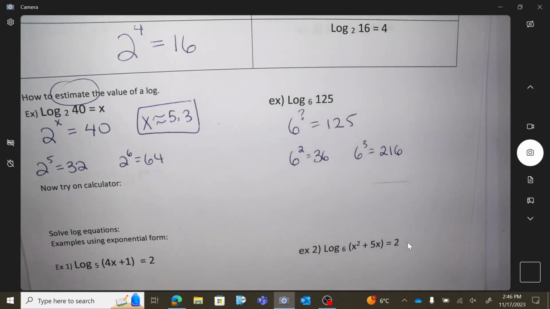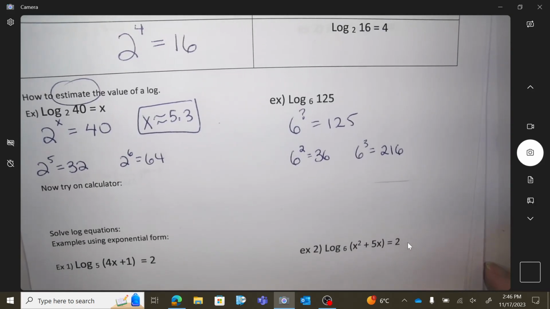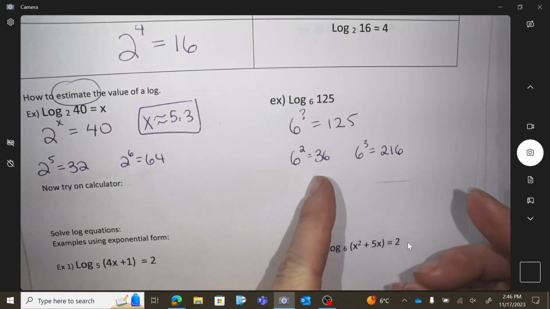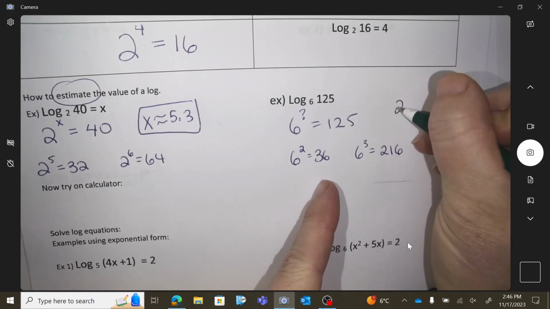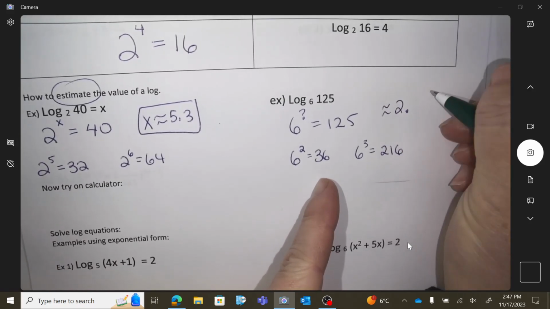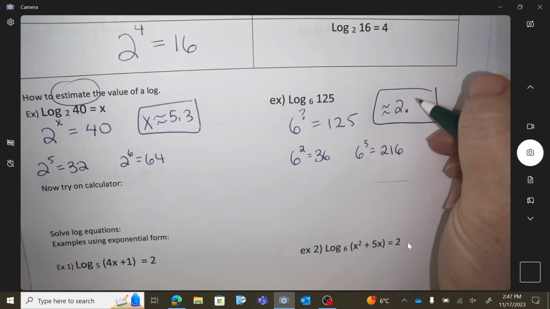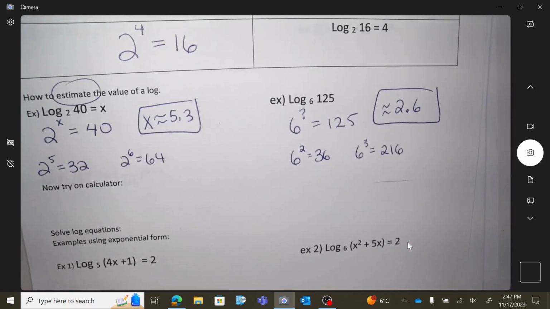So what is your prediction for that exponent? It's going to be 2 point something. 2.6? You had a good guess last time.